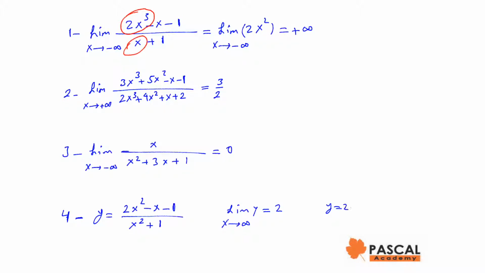Therefore, y equals 2 is the equation of the horizontal asymptote. The function does not have any vertical asymptote since y cannot be infinity. Notice that the denominator of the function, x^2 plus 1, has no real root.